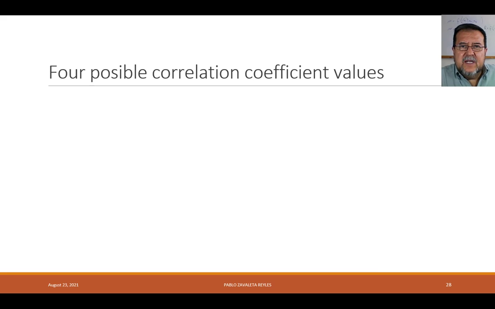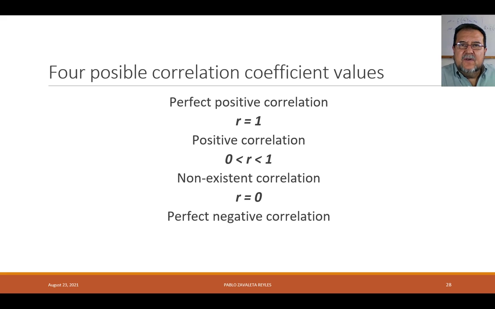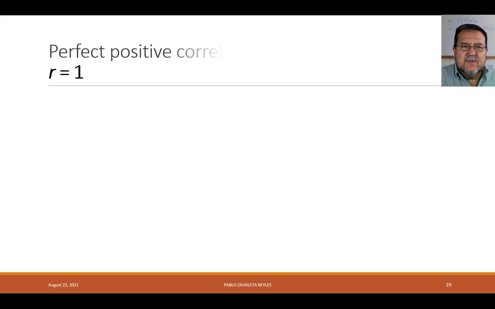What we're interested in right now is that there are 4 possible correlation coefficient values. R equals 1, which is a perfect positive correlation, a positive correlation when R is between 0 and 1, a non-existent correlation when R is equal to 0, and a perfect negative correlation when R is equal to -1.